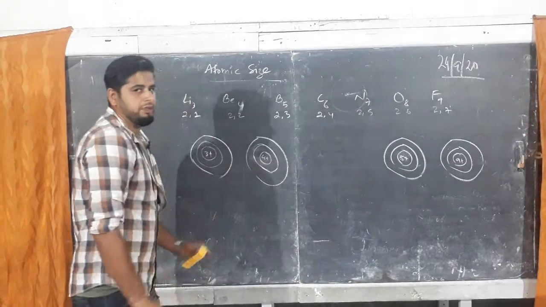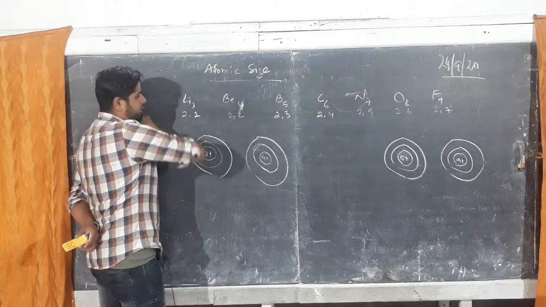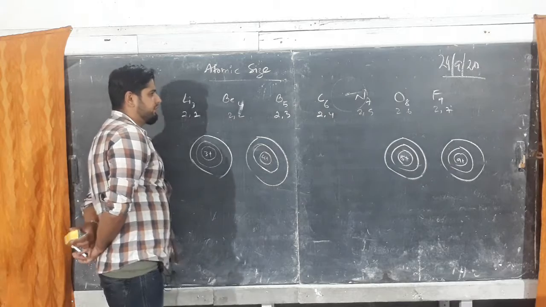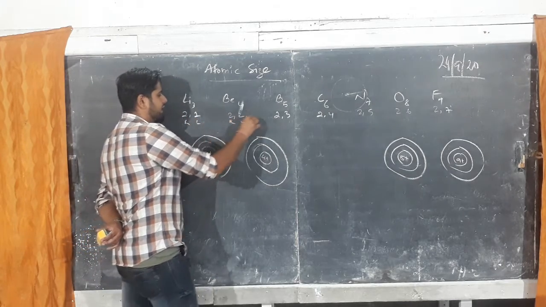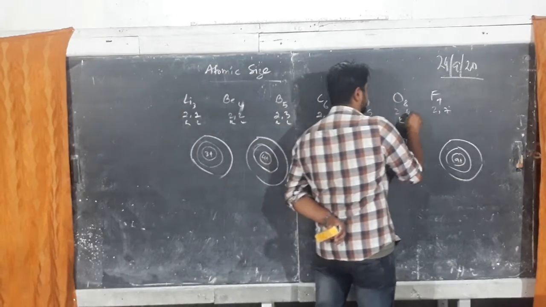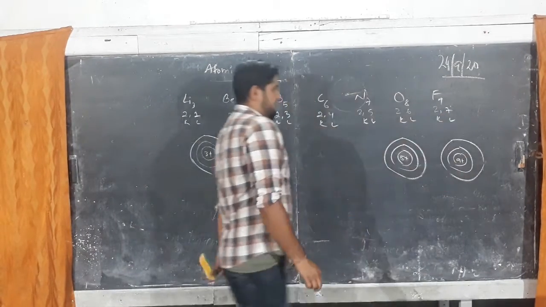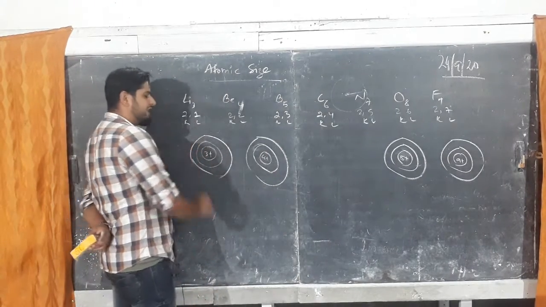If you look at the shells, in the particular period, the outermost shell is L shell.